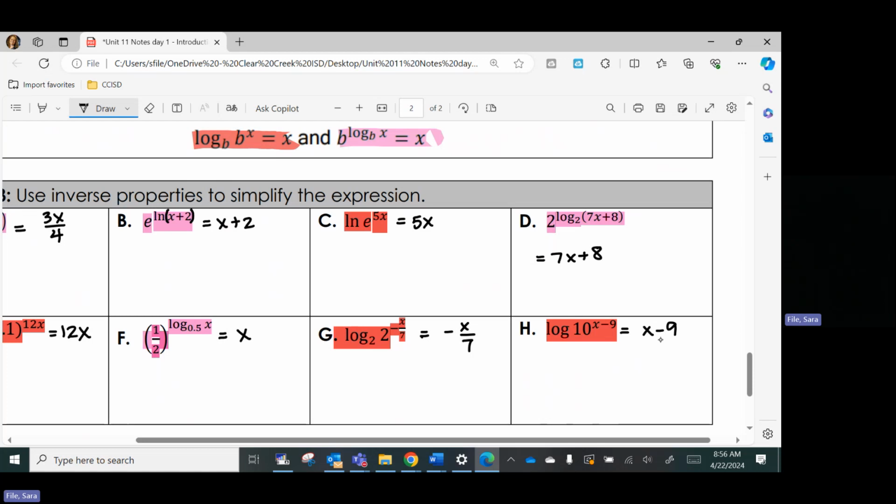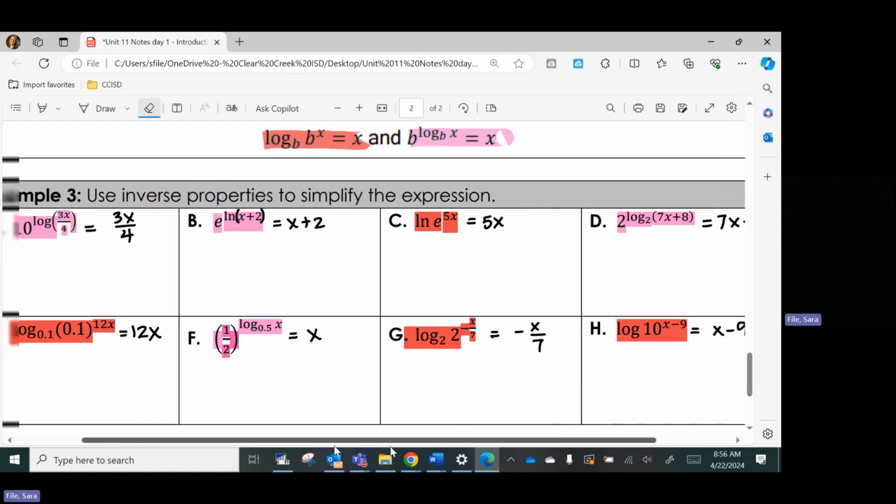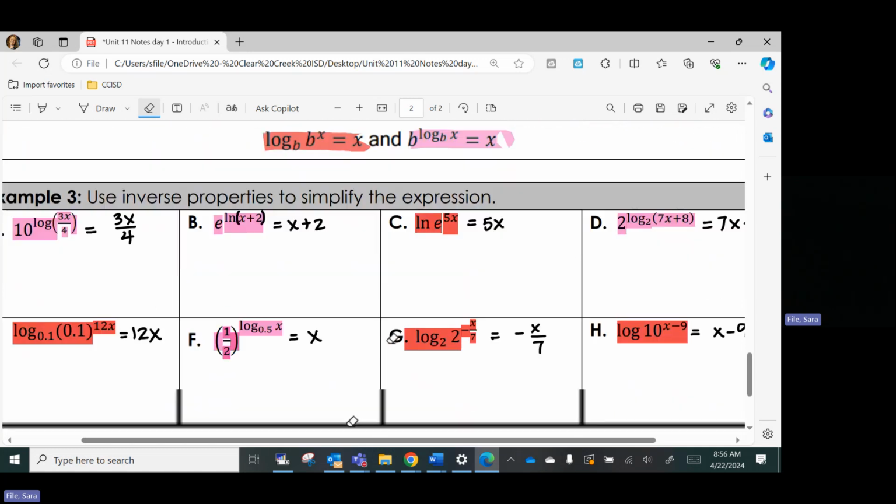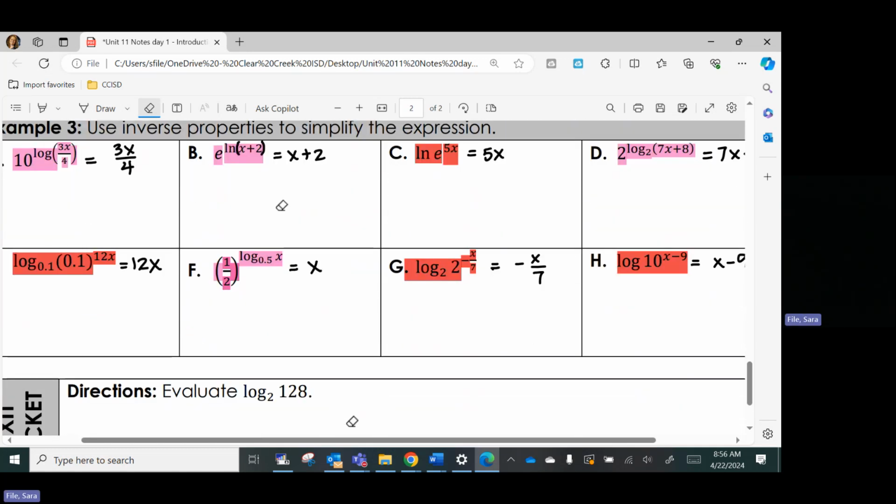I'm going to move this up here. So that is the property of inverse, the log inverse property that lets those simplify in that format.